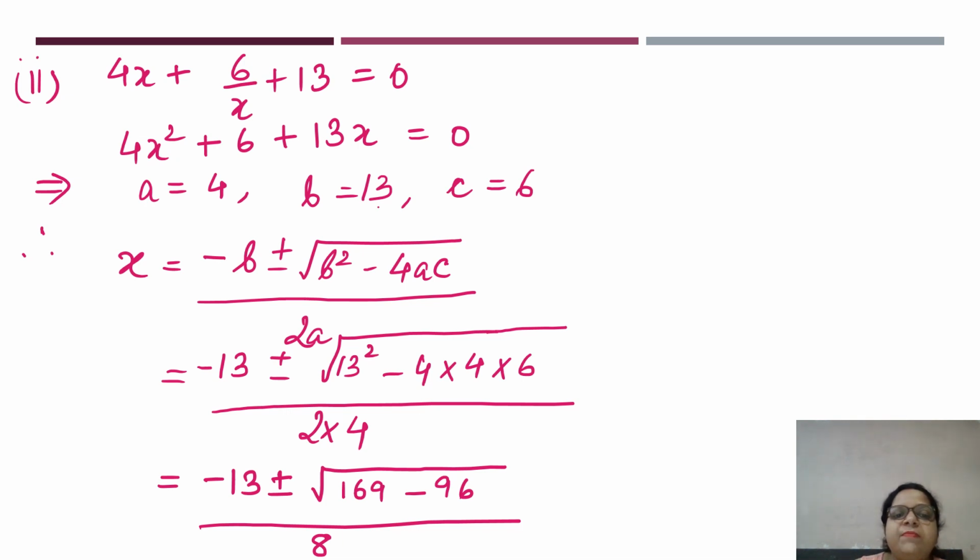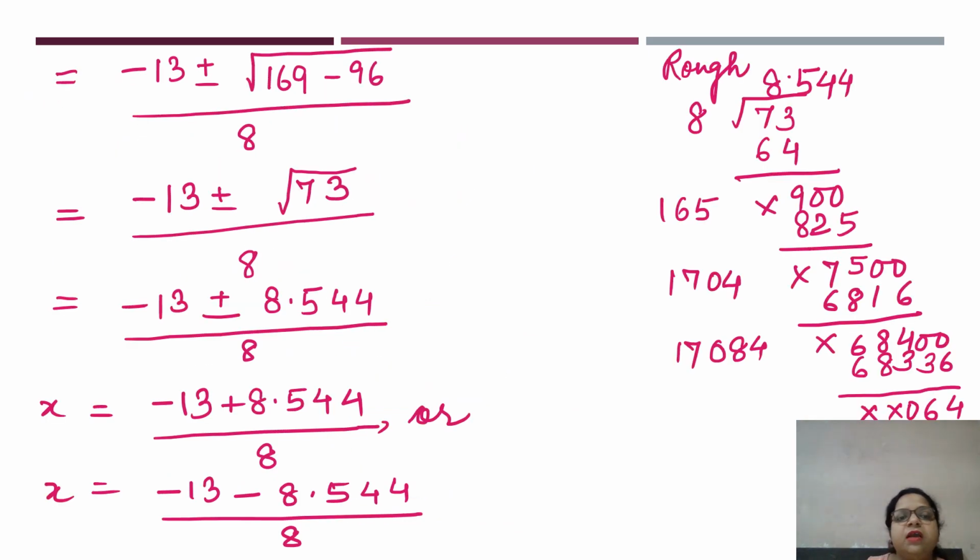Putting it in the formula minus b plus minus under root of b square minus 4ac upon 2a, we get x is equal to minus 13 plus minus under root of 13 square minus 4 into 4 into 6 upon 2 into 4. That is equal to minus 13 plus minus under root of 169 minus 96 upon 8.